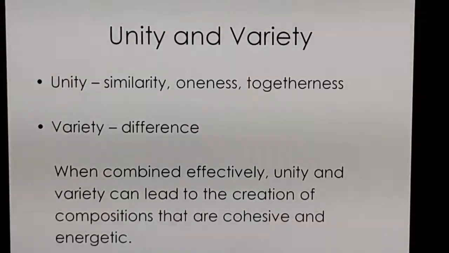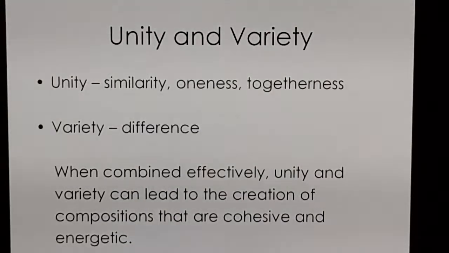Now, one of the first principles of design that we'll be looking at today is unity and variety. Unity, as we all know, refers to similarity, oneness, togetherness. Variety refers to difference. And when combined effectively, unity and variety can lead to the creation of compositions that are cohesive and energetic.